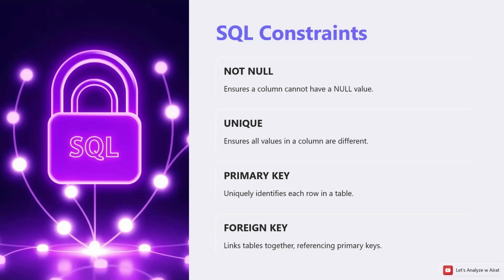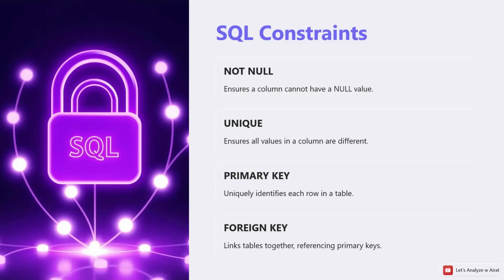Another example is the unique constraint. Unique constraints ensure that all values in a column are different. For example, if you are trying to create a product table, right? A product table is expected to contain unique information. In that case, the product ID, which is going to act as the primary key, must contain unique values for each row.